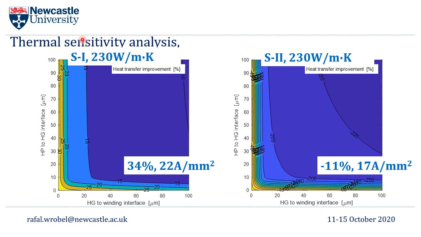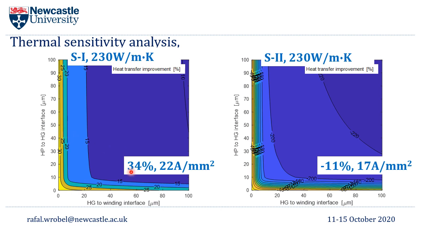S1, again, as a reminder, refers here to the supplementary heat removal heat pipe based system, and S2 primary. The thermal conductivity along the heat pipe here is relatively low and representative of an aluminium rod as a starting point. On the x-axis here we have the heat guide to winding interface, and on the y-axis we have the heat pipe to heat guide interface. This is emulated as an equivalent air gap.